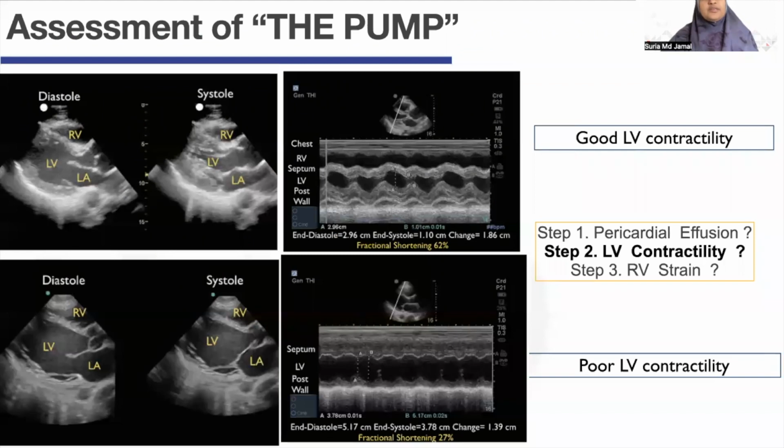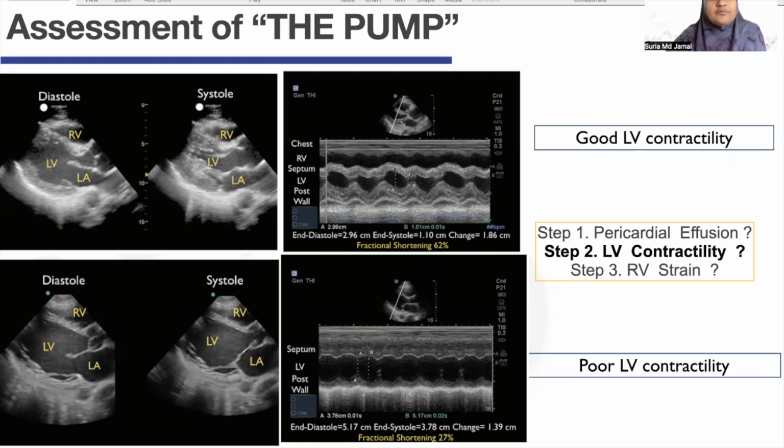So further assessment of the pump: we're looking at the LV contractility. As you can see on the first image, this is the long axis parasternal view, looking at the function of the left ventricle. Compare the diastole and the systole.